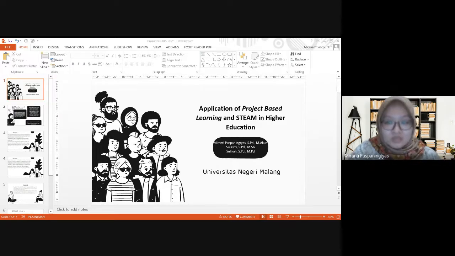And last but not least, we use mathematics because we want to know the behavior of cost and how they implement it. So we use mathematics for calculation in determining cost behavior in SMEs.